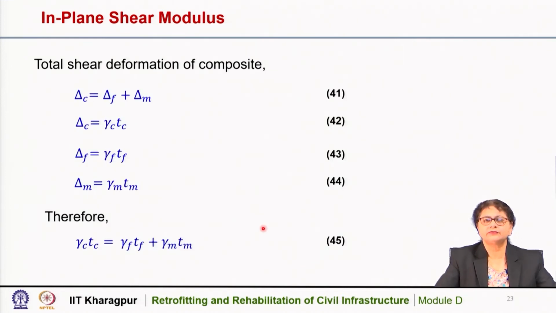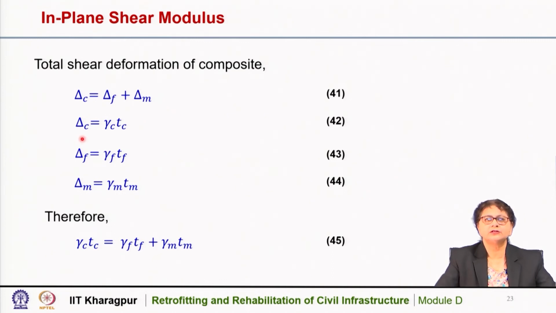The total shear deformation of the composite can be written as delta C, and that is shown also in the figure. That is, delta C is equal to delta F plus delta M. That is the deformation of the fiber part and the deformation of the matrix part.